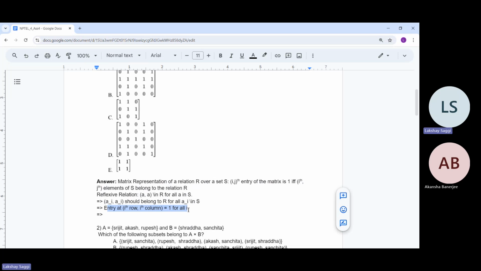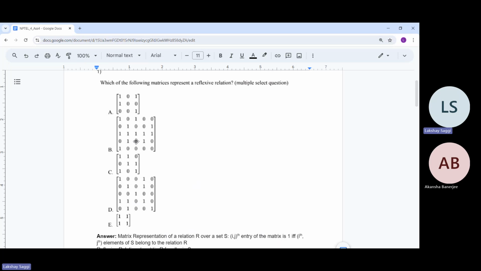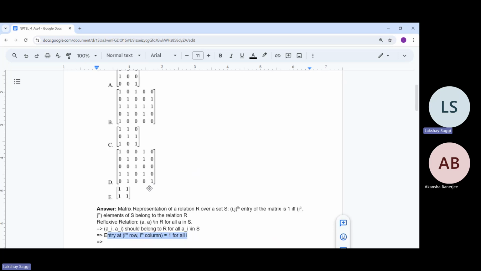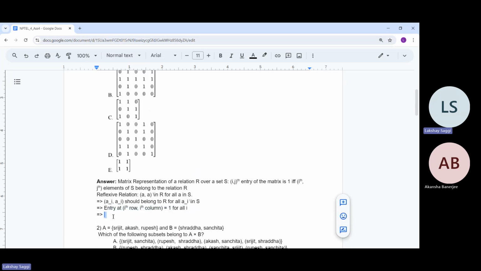And so effectively the matrix representation represents a reflexive relation if and only if all the diagonal entries of the matrix are 1. So this is how we represent reflexive. For a matrix representation to denote a reflexive relation, all diagonal entries should be equal to 1.